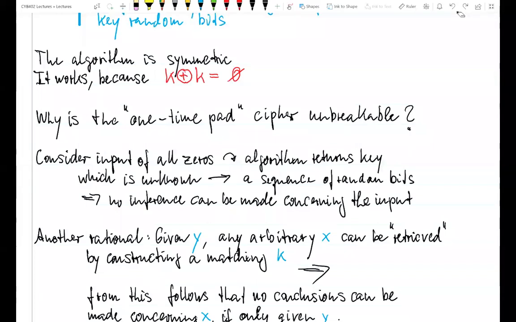What you would see is a random bunch of bits, which is the key. And you cannot infer from these random bits that the original input was all 0. So no inference can be made concerning the input if you look at this bunch of random bits.